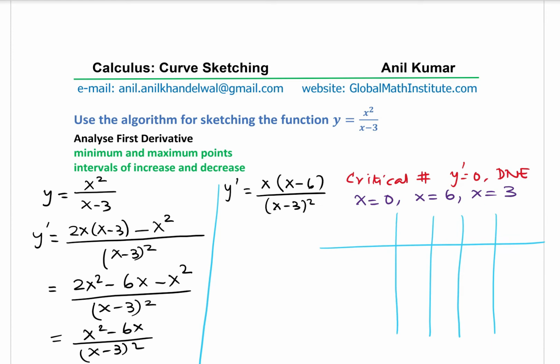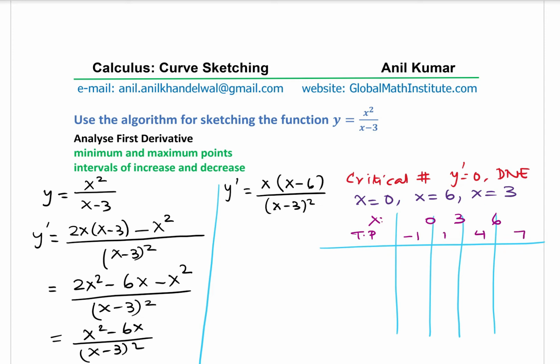We'll write down these points in a sequence: 0, 3, and 6. So these are the x values, and these are the intervals where we'll take the test points. Test points could be minus 1, 1, 4, and 7.